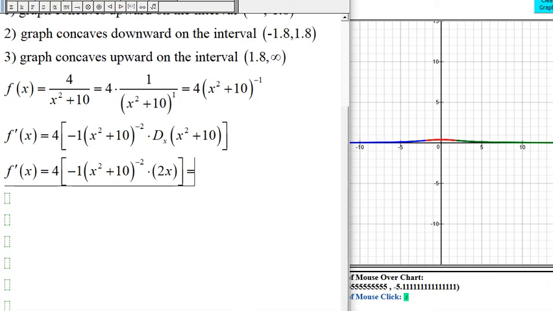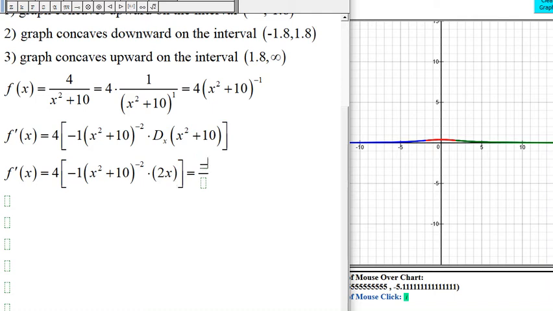And so altogether we have 4 times negative 1 is negative 4, times 2x is negative 8x.